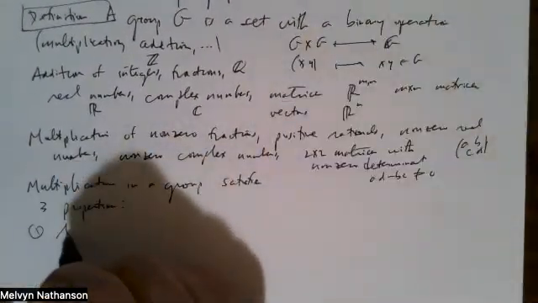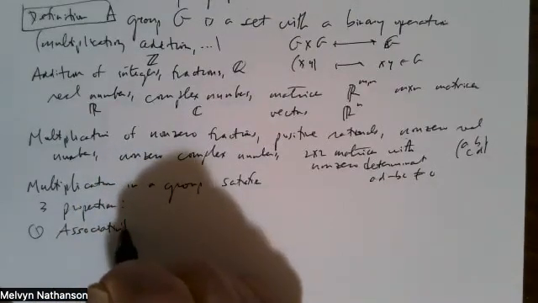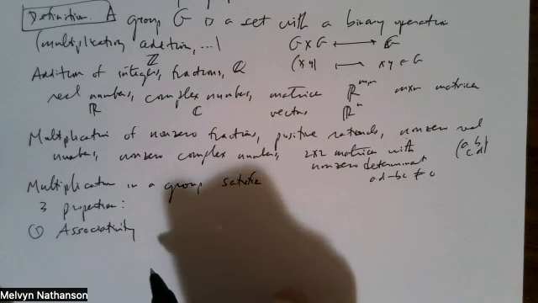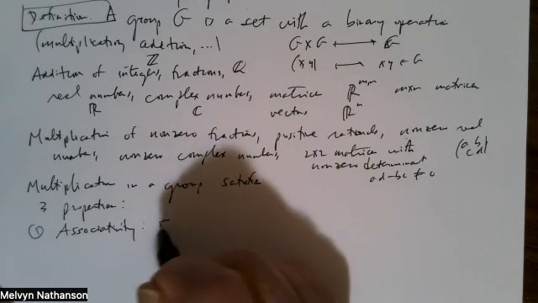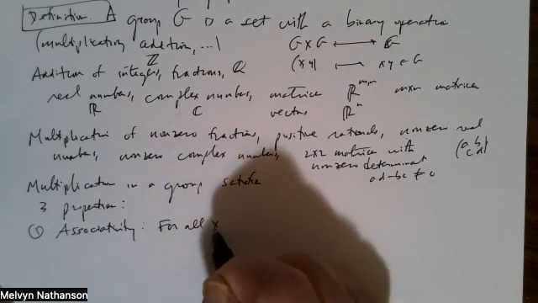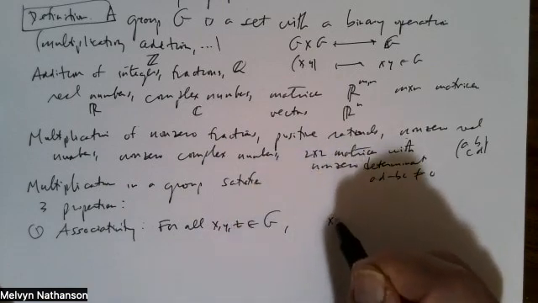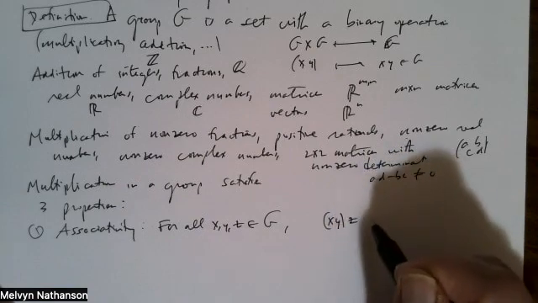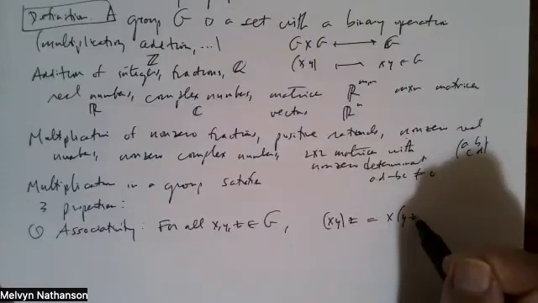So the first is associativity. That means if you take any three elements in the group, so for all elements x, y, and z in the group, you can multiply x and y times z, and that is the same as if you multiply x with the product of y and z.